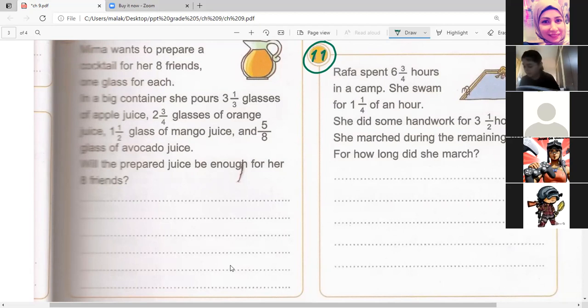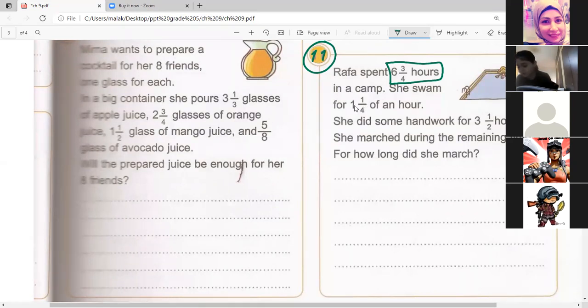She went to the camp. She spent how many hours in this camp? 6 and 3/4 hours. What did she do in this camp? What are the activities?